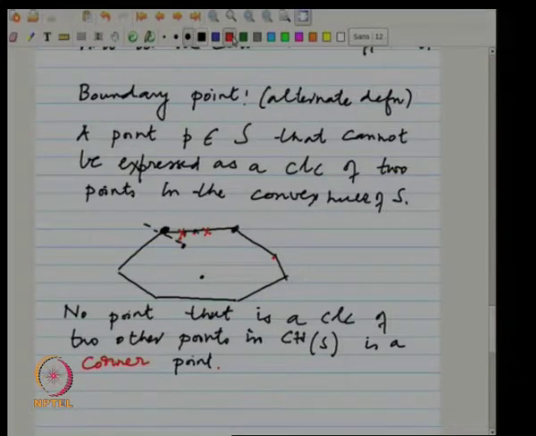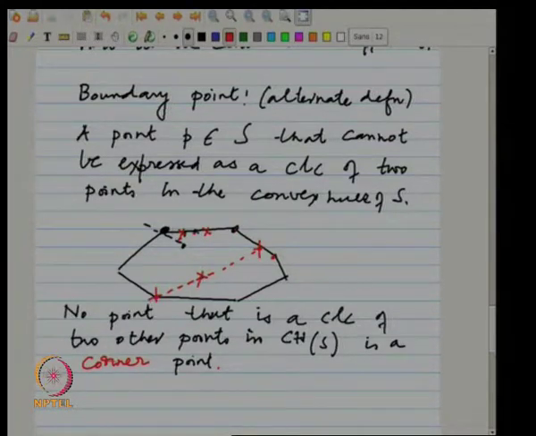I can take any corner point, join, draw the line, and it's going to intersect the boundary somewhere, maybe here. So this point is in the convex hull because it's a convex linear combination of these 2 corner points, this one and this one, and likewise this point is a convex linear combination of this point and this point.